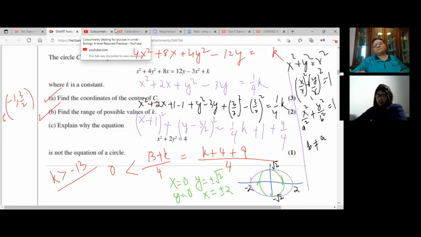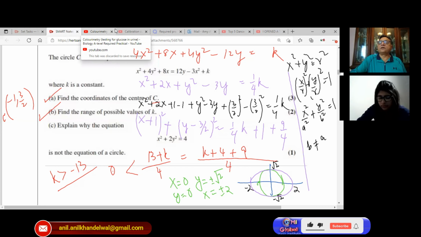So to answer that question, can I just draw a diagram like what you've written there and say it will form an ellipse? You could do that, yes. That's really clear. Or you could also say the equation of a circle is x squared over r squared plus y squared over r squared equals 1.